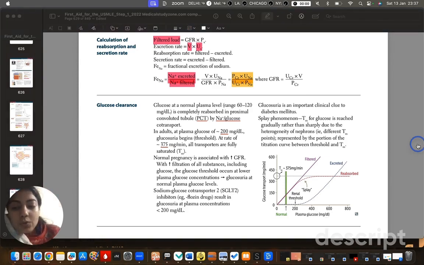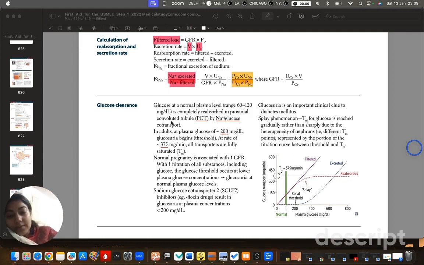Now coming on to glucose clearance. Glucose is smaller than 40 to 50 nanometers. That's why it's removed into the filtrate. But only up to a certain amount, it does not get put into the urine because it gets reabsorbed by the proximal tubule cells using this co-transporter, sodium glucose co-transporter.